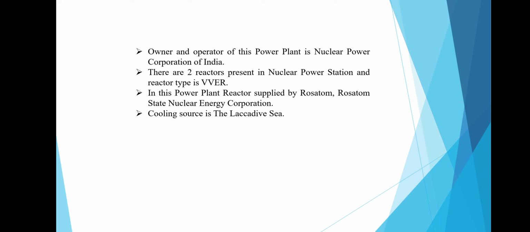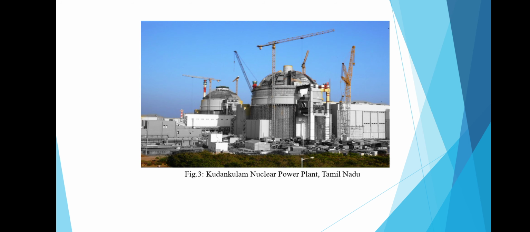There are two reactors present in the nuclear power station, and reactor type is VVER. In this power plant, reactors are supplied by Rosatom State Nuclear Energy Corporation. Cooling source is the Laccadive Sea. This is Kudankulam nuclear power plant.